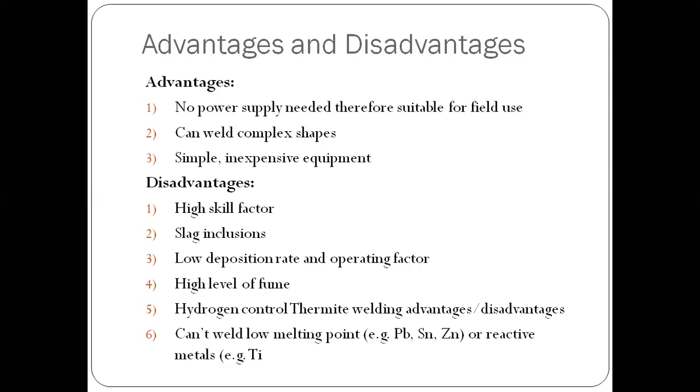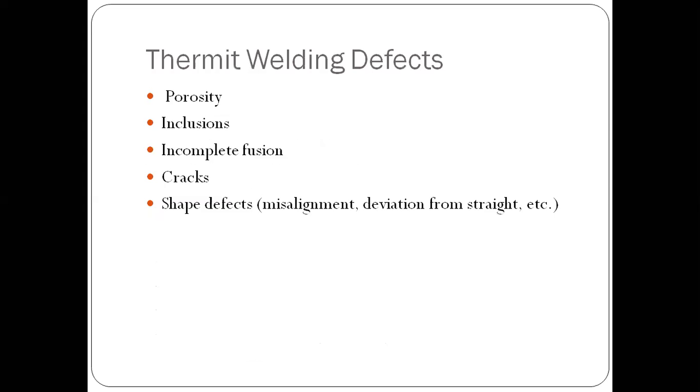For low melting point metals like lead, tin, zinc, it is not recommended. Or metals like titanium, which are very reactive in nature, these processes are not recommended for that.